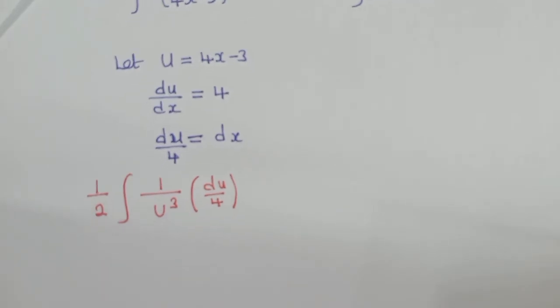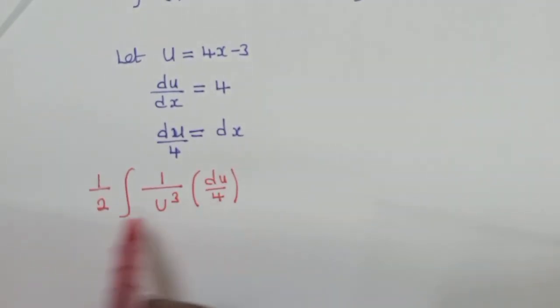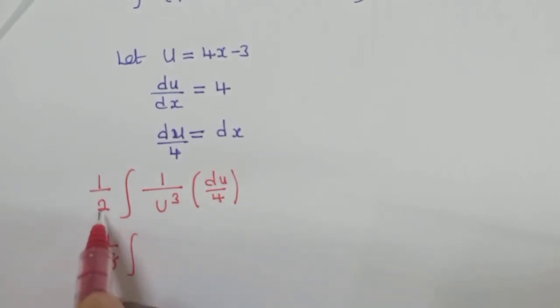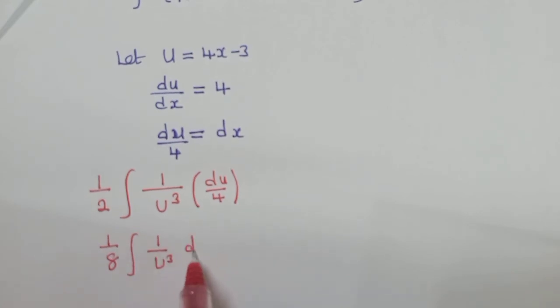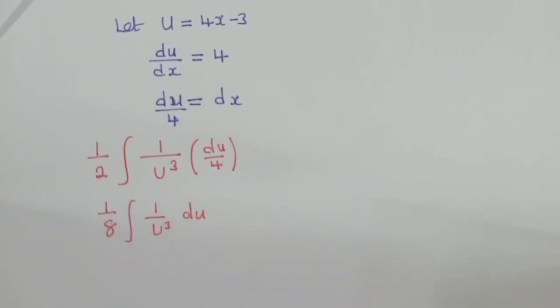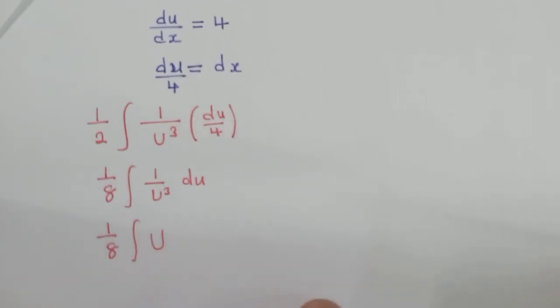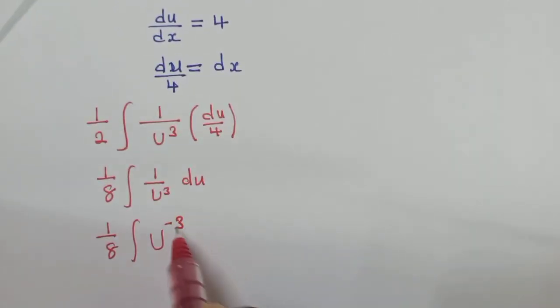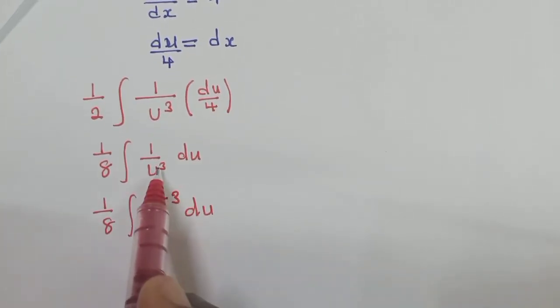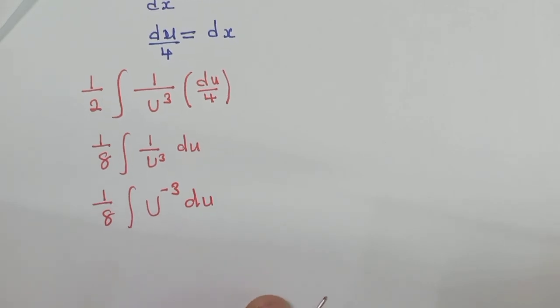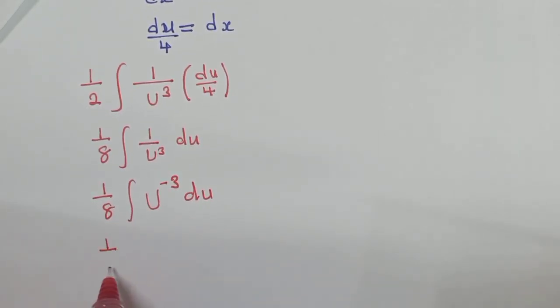This right here can be multiplied, since it's a constant, by the constant which is outside here. So we will remain with this. Before we integrate, we make this one become a numerator, using the laws of indices. So we shall have 1 over 8.